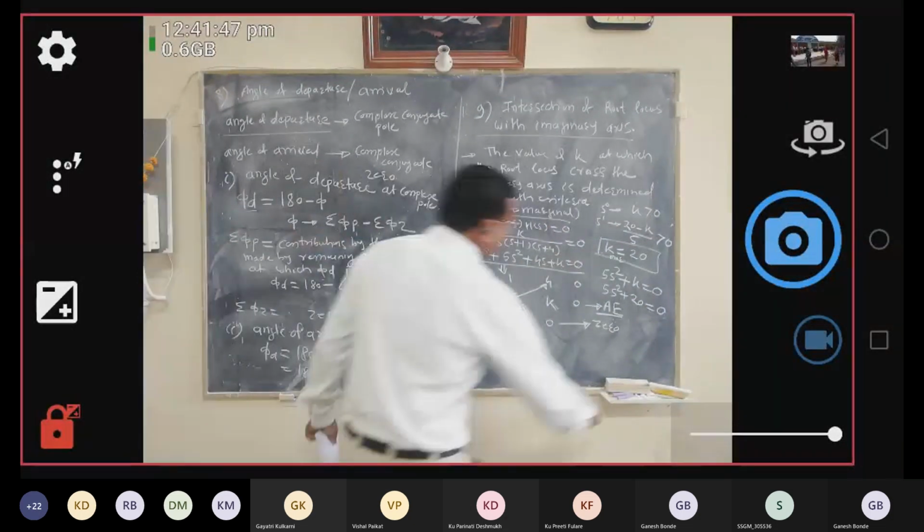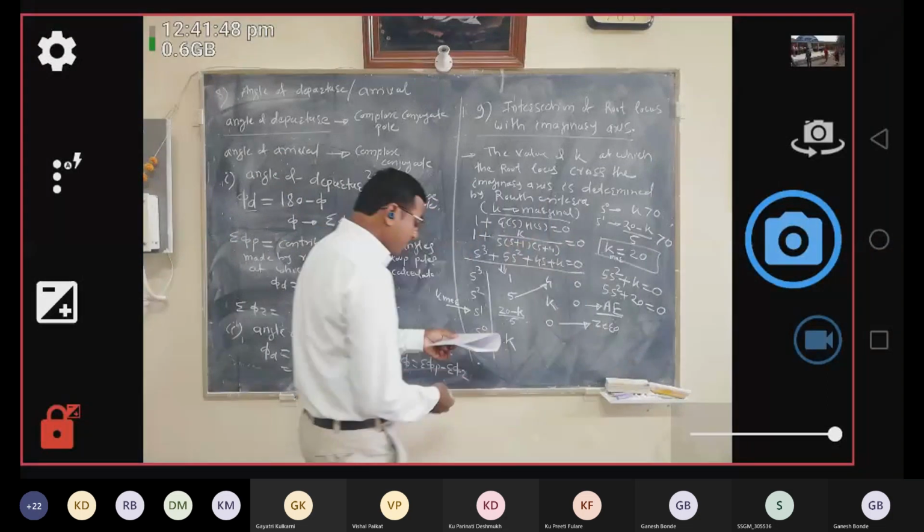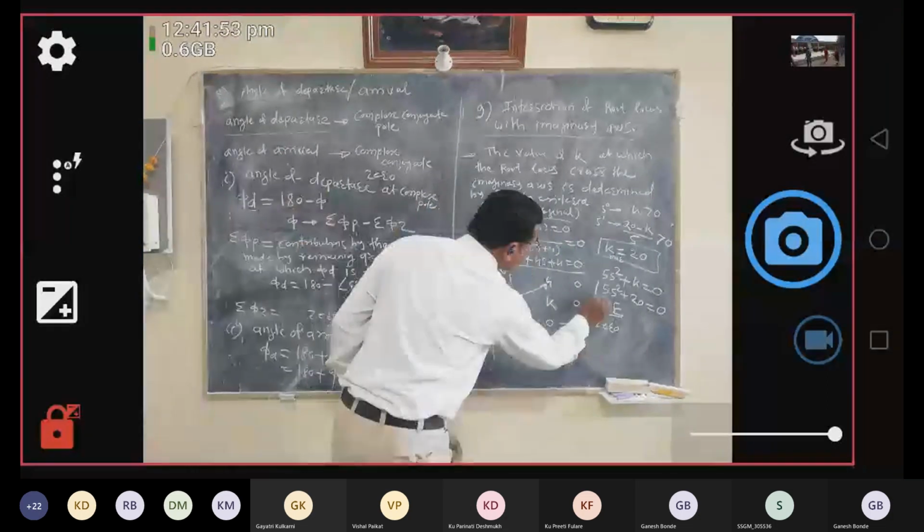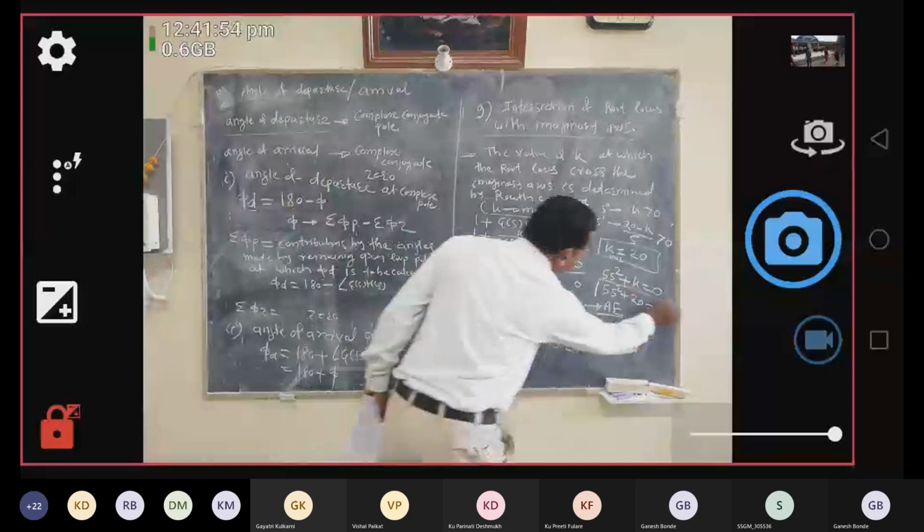Then tell me the value of s, the roots of this equation, 5s square plus 20.